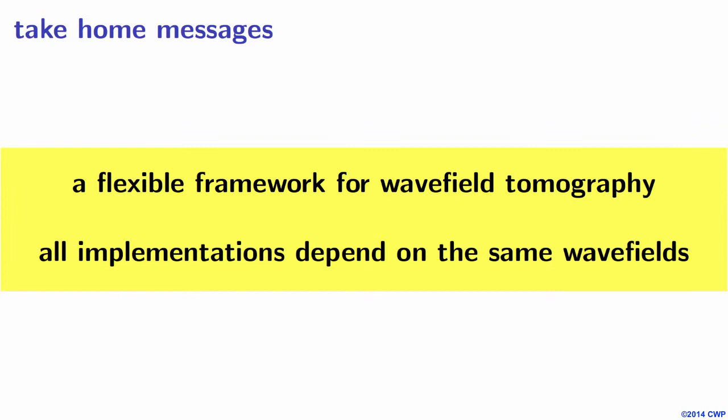This has been mentioned many times, including here, that we have this adjoint state method foundation, which builds on the existing wavefields, and we have various variations on the implementation that turn out to depend on the definition of the objective function, this quantity Ju. In all cases, we are going to use the same wavefields. So that is one of the main messages I would like to leave you with, that all techniques I will describe will all use the same wavefields. They are not different.